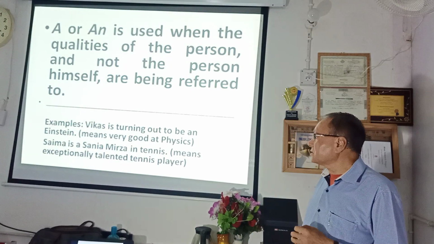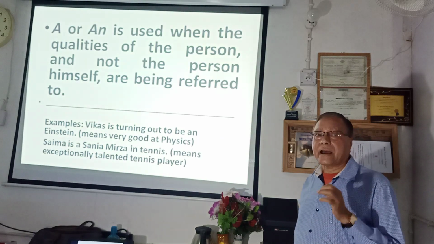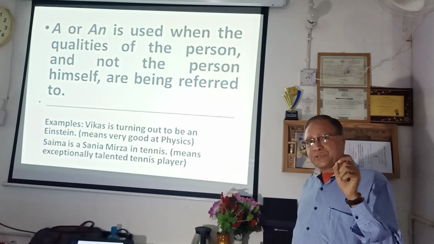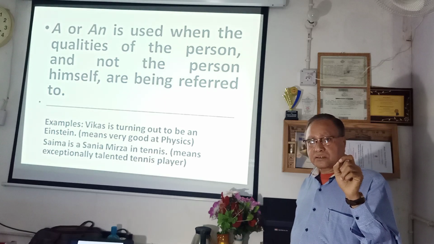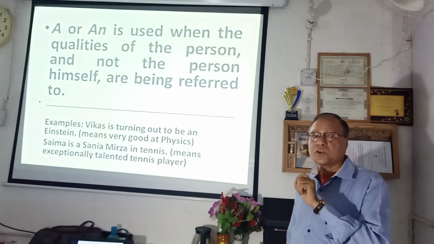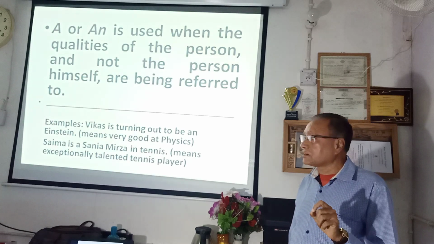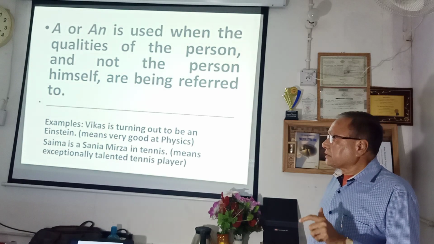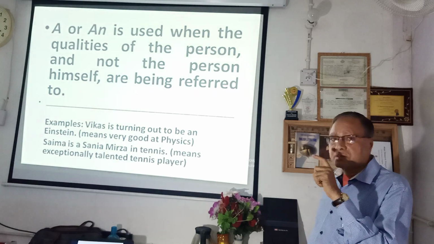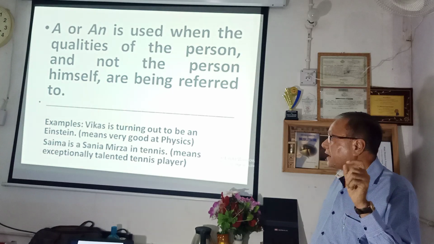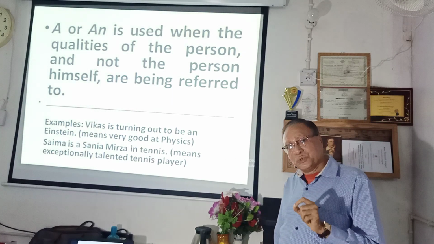Vikas is turning out to be an Einstein. So my dear good students, here Einstein is a proper noun, and before it there must not be a or an, but here an can be used, because it begins with vowel E. And why is an being used here?